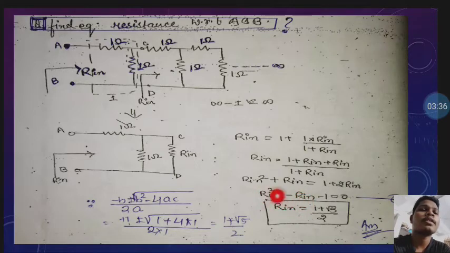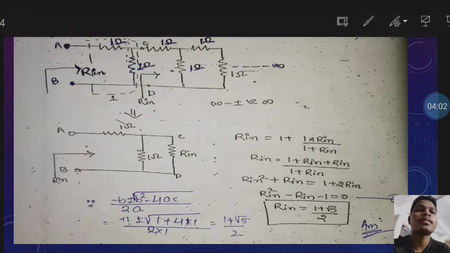So this is a quadratic formula. By applying this formula we will get the value of R in. Put here minus B plus minus root over B square minus 4AC, divided by 2A. Here in the place of B there is minus 1, that's why minus and minus 1 will get plus 1, plus minus root over of B square.